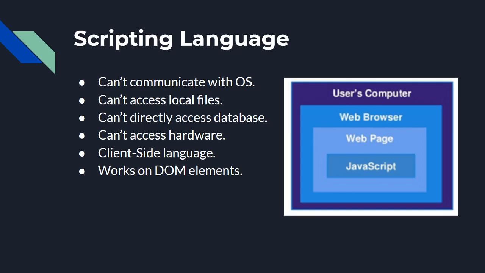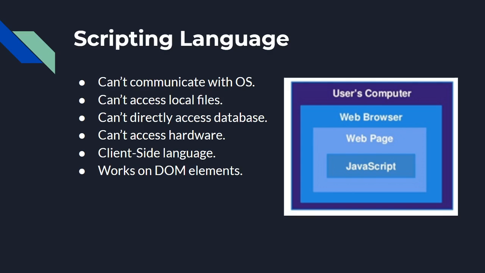It also can't directly access a database. So what does that mean? I mentioned servers just now. Up in the cloud, some things are stored in things called databases. JavaScript doesn't care about those. It just takes whatever data you have or whatever data is coming its way. It does not access databases directly. It also can't talk to hardware, so it can't talk to that 3D printer of yours.